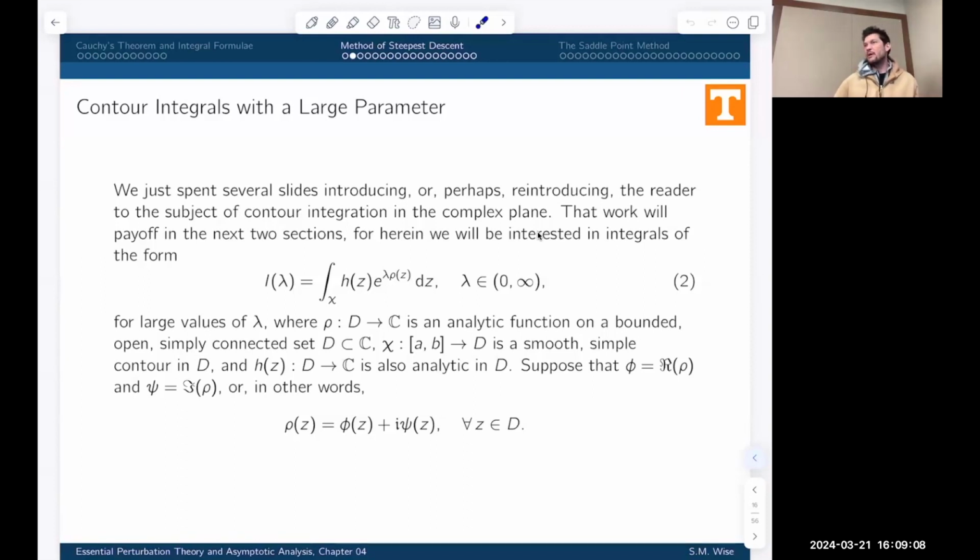You can either create a new contour or deform this one; either way the integral is exactly equal, but the new pieces we break it into are amenable to study by Laplace's method, and using Watson's lemma we can approximate these integrals for large lambda.